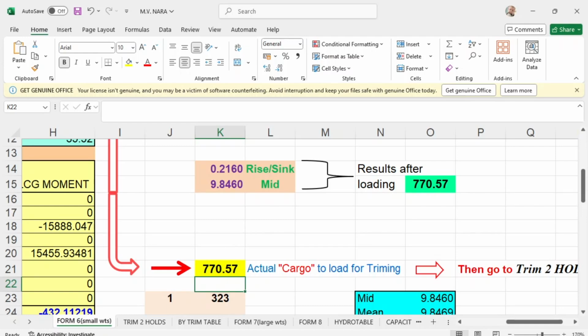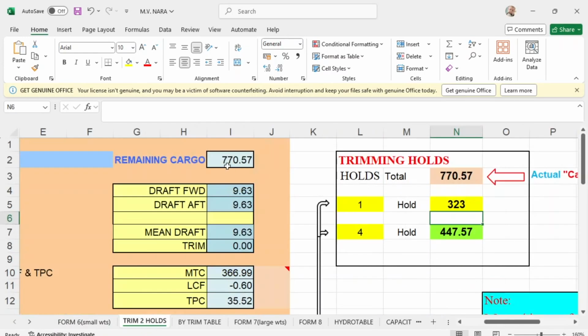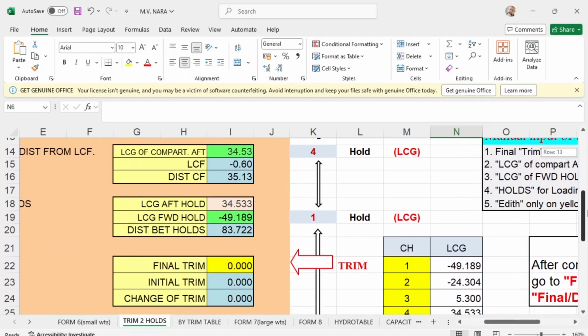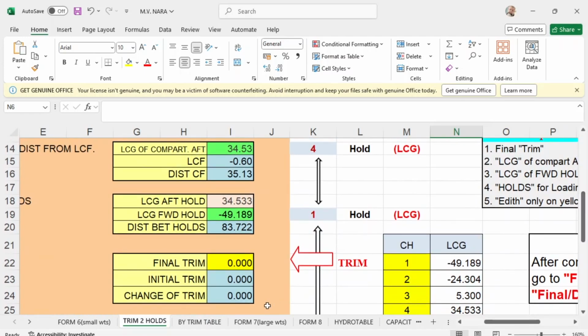Your trimming holds are 1 and 4. By the way, this vessel only has 4 holds, so we're going to trim the vessel in holds 1 and 4. For example, I don't want to have a trim, so I put 0 here, no trim.